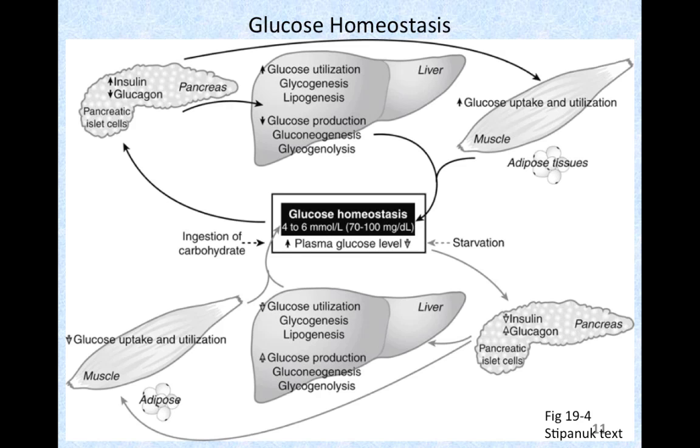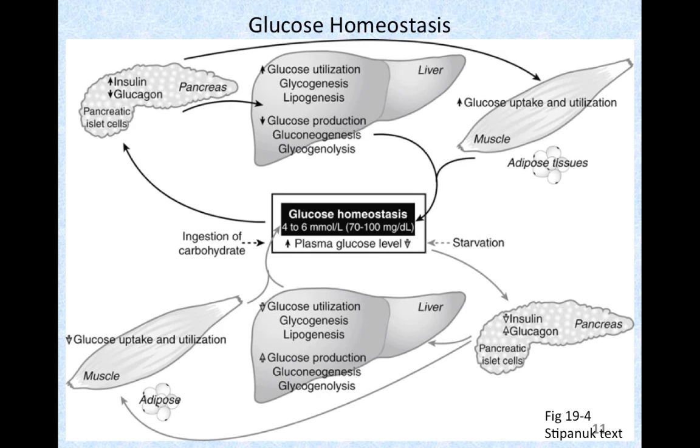That decreases glucose utilization, decreases glycogenesis, decreases lipogenesis, but the glucagon increases glucose production and gluconeogenesis and glycogenolysis. And each of those are ways of increasing blood glucose concentrations.